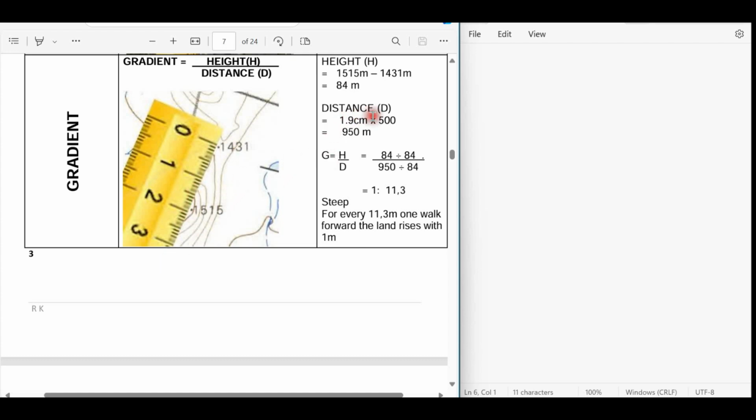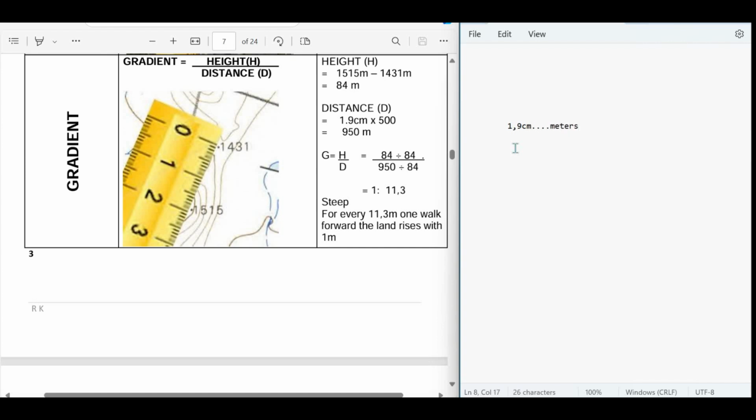Now, since in this example we are using a topographical map, we always know that the topographical map has a scale of 1:50,000. Now, how do we convert the 1,9 centimeters to meters?